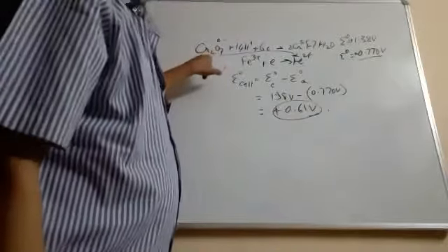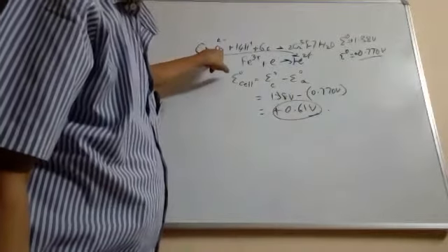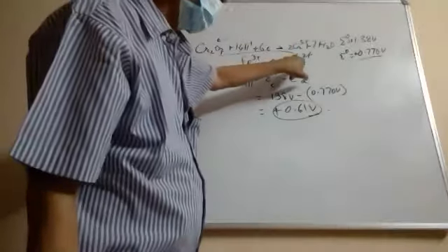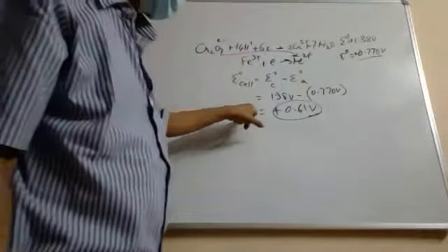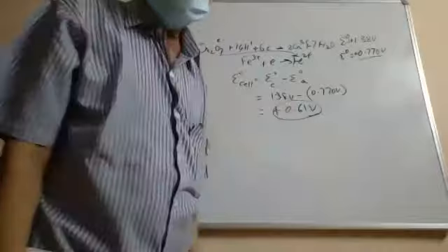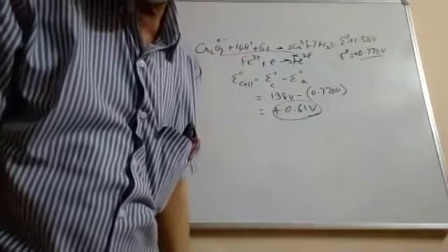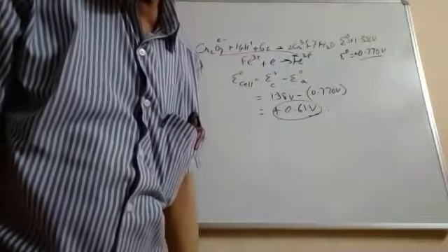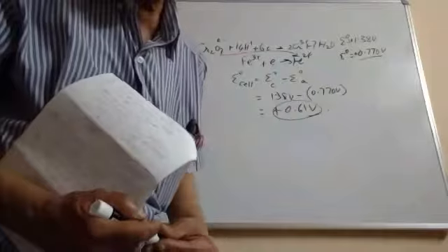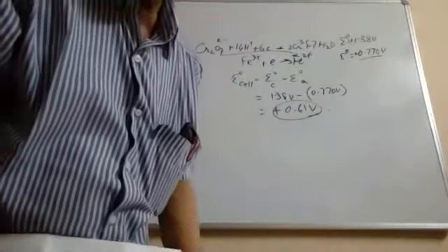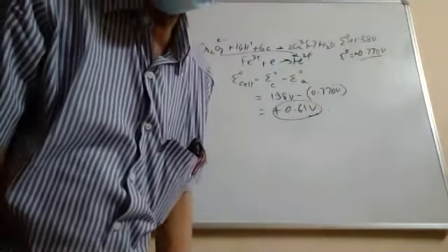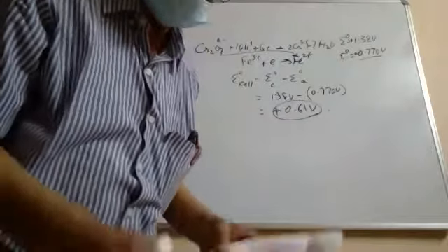That it is possible to use dichromate to oxidize iron 2+ to iron 3+ in a quantitative way because the cell potential is plus 0.61 volts. Am I making sense here? So yes, the answer is dichromate can be used to oxidize iron 2+ to iron 3+.